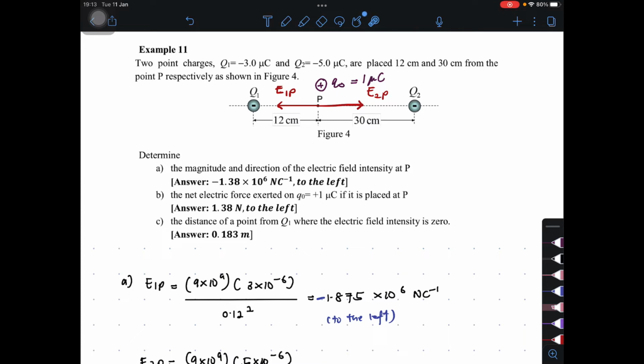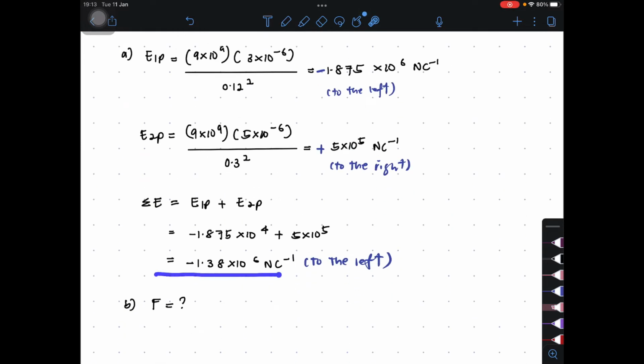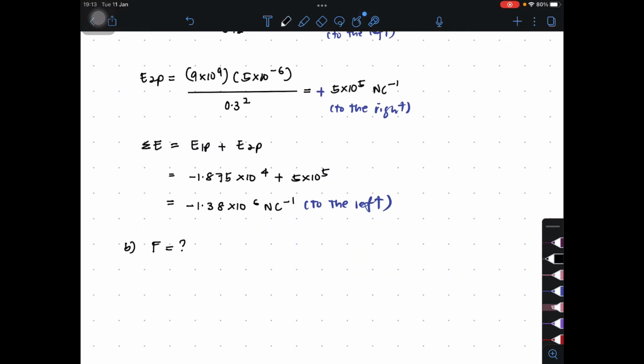But that one will be a long calculation. Since we already have the electric field strength here, we can use the formula for electric field strength, which is equal to F divided by Q naught.